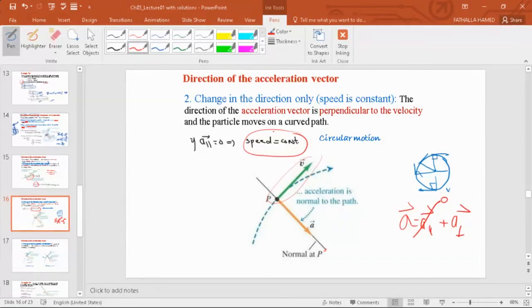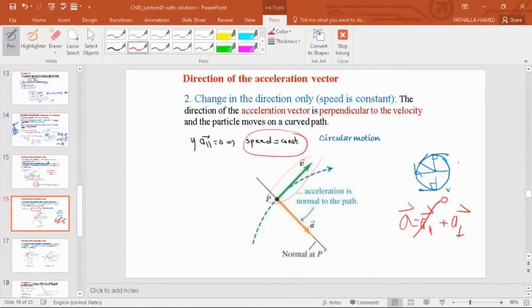So a note here, when you go around the circular motion, if you go around the circle this way, definitely you're going to change direction when you go around a circle. So the velocity vector is not going to be constant because you're changing your direction. But you can keep the speed constant.